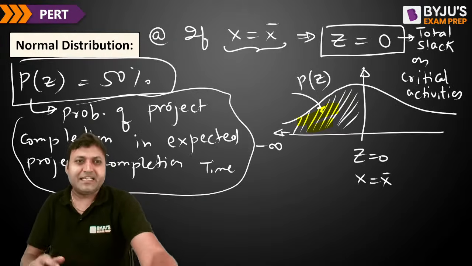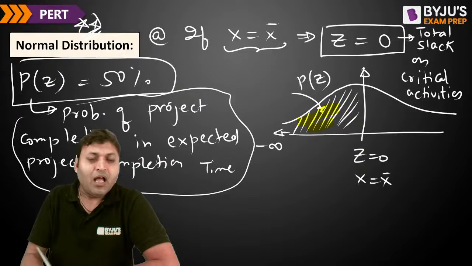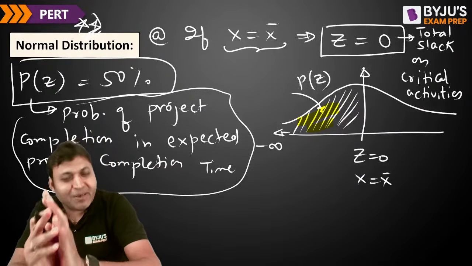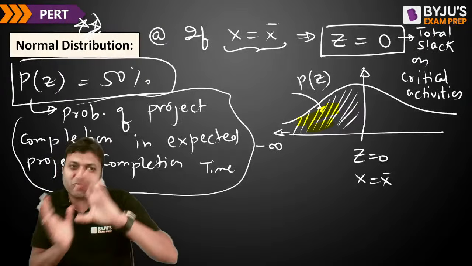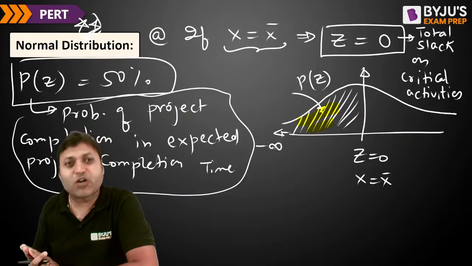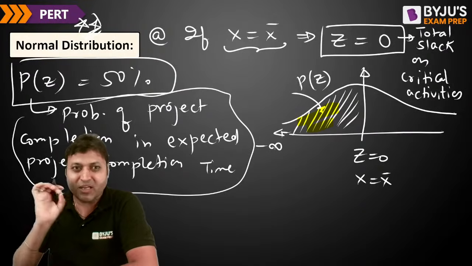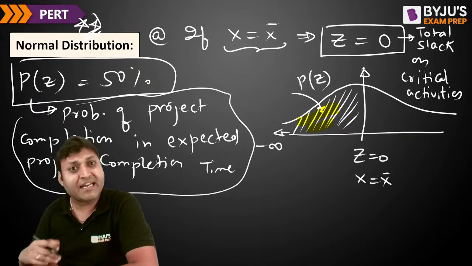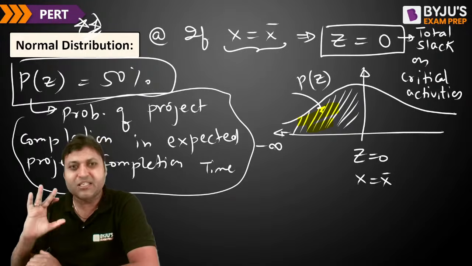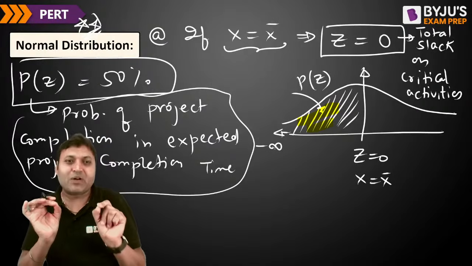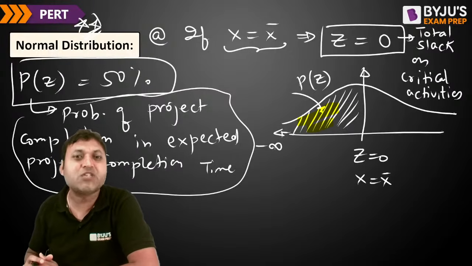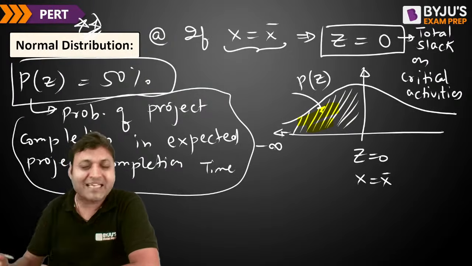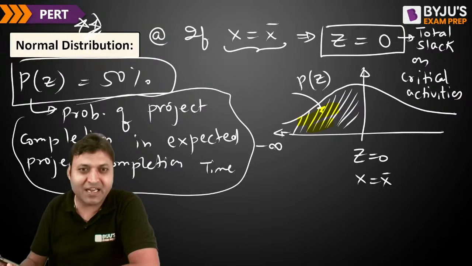Try to understand, this is very important. If we want the possibility of the project getting completed in the expected time, which we have calculated by using the network diagram or the critical path method, then it is 50%. And in that particular situation, the slack on all the critical activities will be 0. There is no extra time available with any of the critical activities. Are you getting it? Z will be equal to 0.